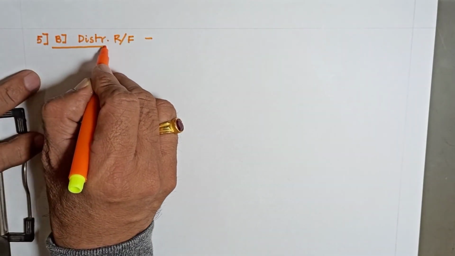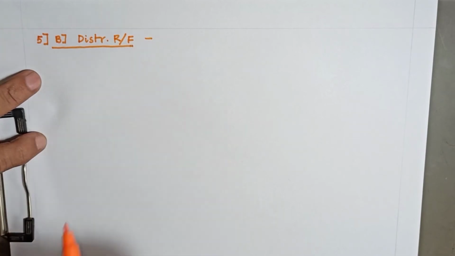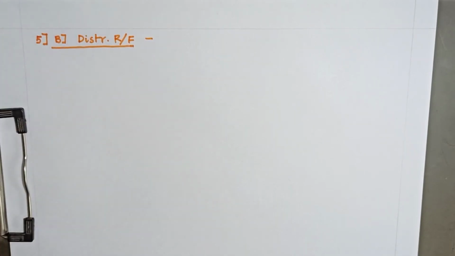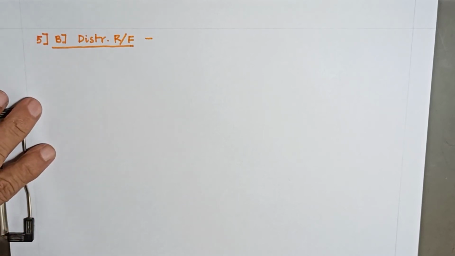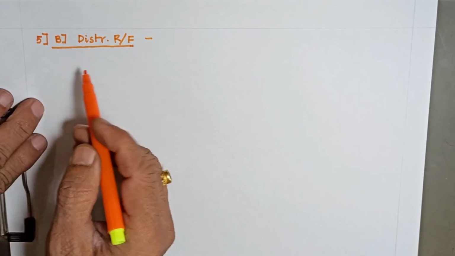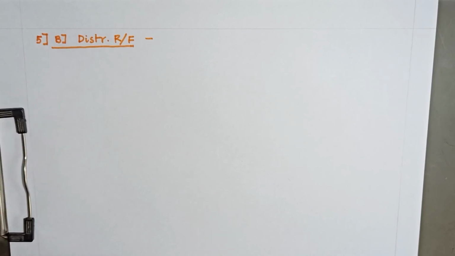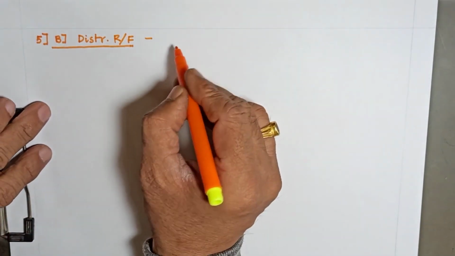This reinforcement is provided to resist the temperature stresses and the stresses induced due to creep and shrinkage. Now how much distribution reinforcement is provided?